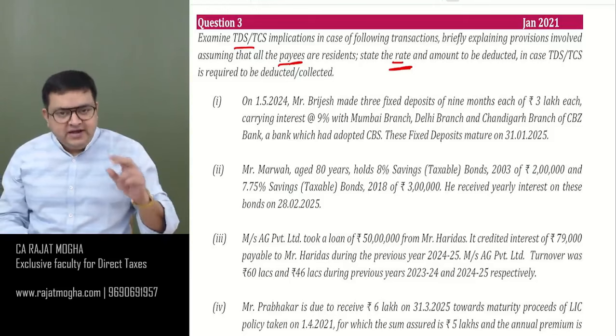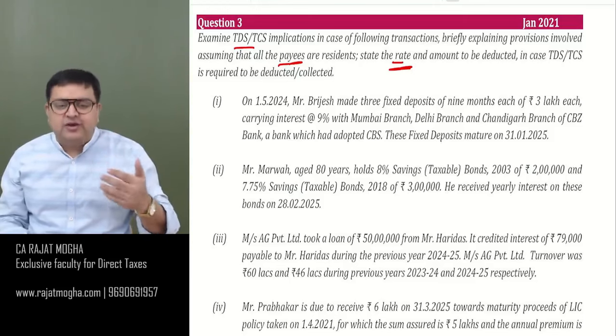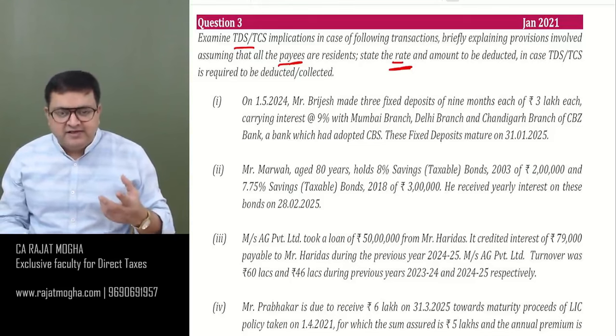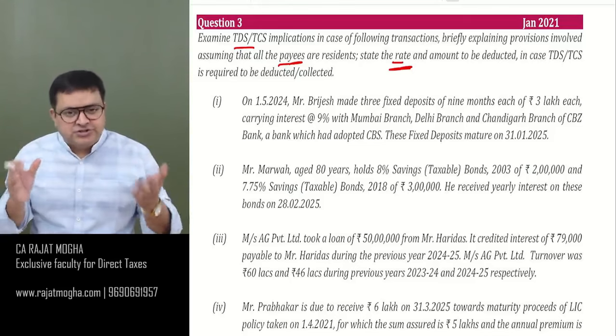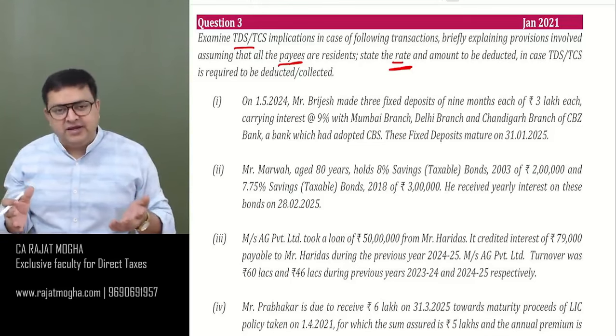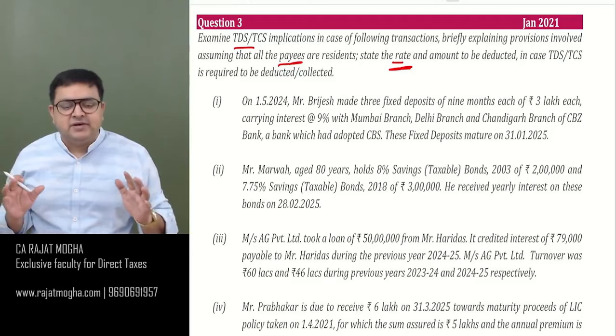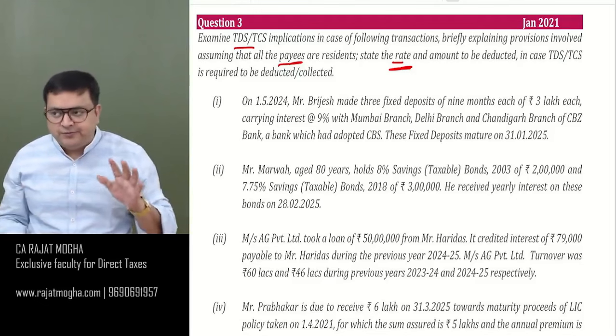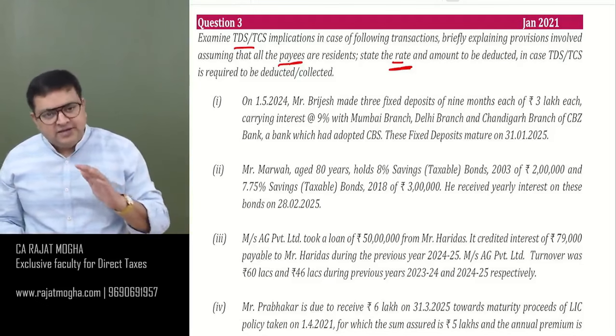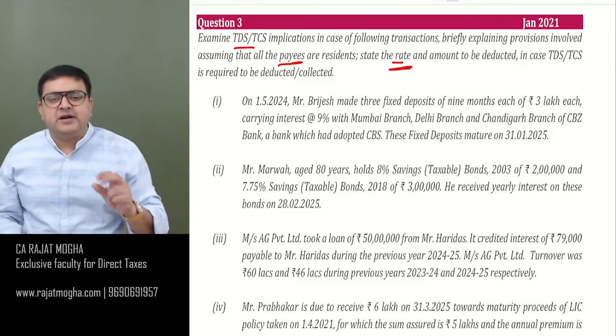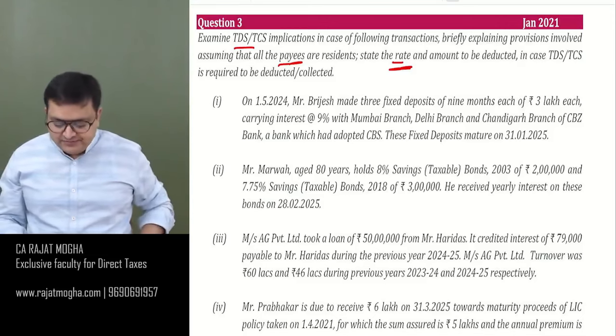Although for TDS, I would recommend that if you can know the section number, keep on revising it. You can make a small chart for yourself. Spend half an hour, make a chart of TDS rates and TDS sections. You will get to know. Still, if you don't have time, then it's okay, but still try to remember the provisions of TDS.